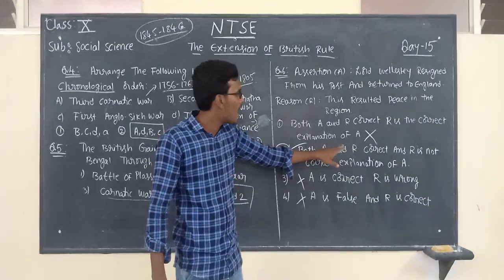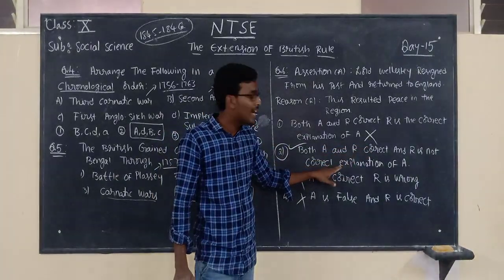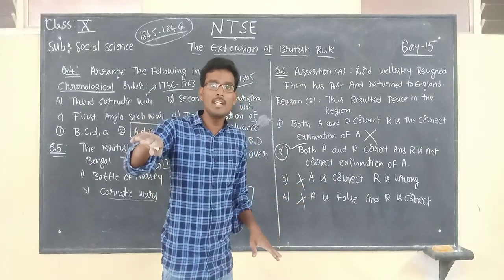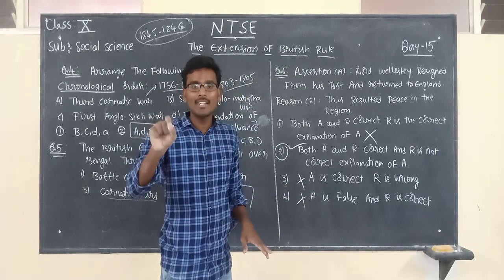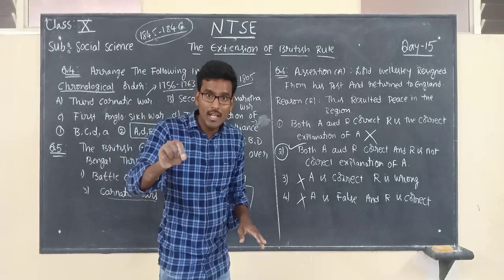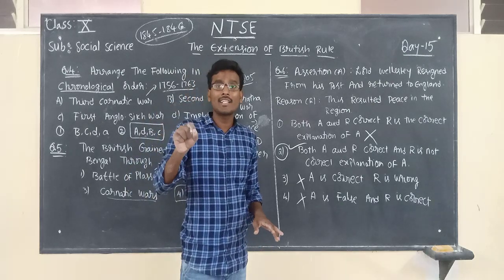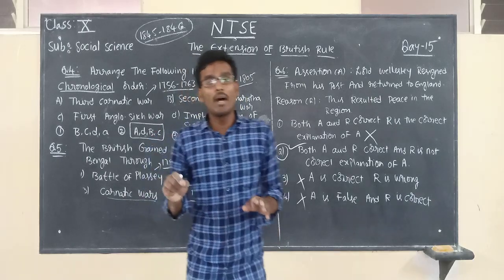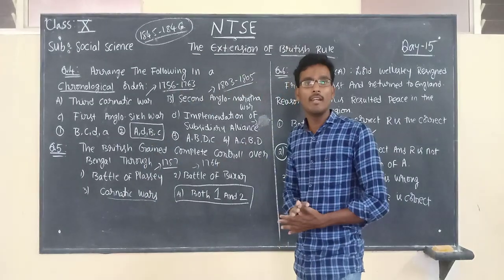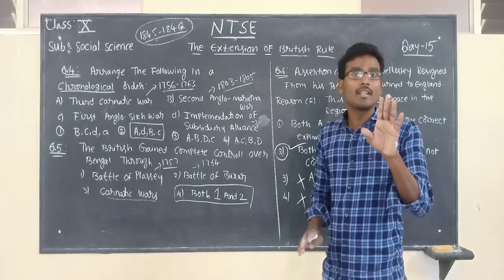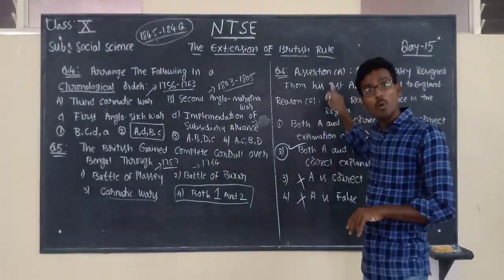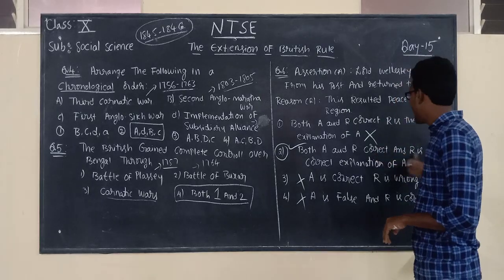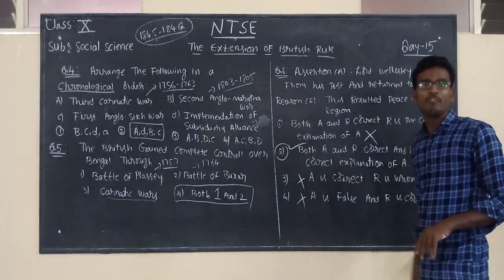What would be the correct explanation here? The subsidiary alliance of Wellesley increased the financial burden on the East India Company. That is the right reason, but it is not there, right? But both are correct. So both A and R are correct, and R is not a correct explanation of A.